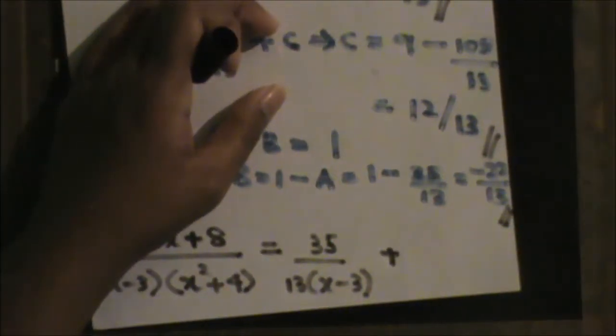On the left hand side I am left with x squared plus 6x plus 8 divided by x minus 3 times x squared plus 4, which is equal to A, which we found to be 35 by 13, divided by x minus 3, plus, since B is negative, I'll write Bx plus C as C plus Bx.